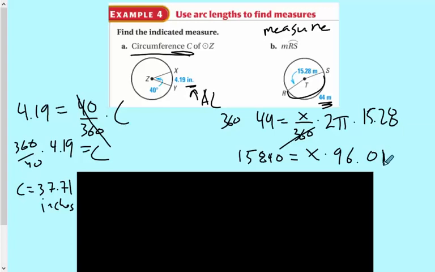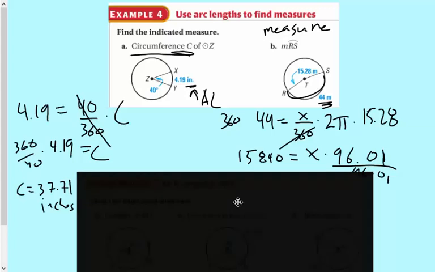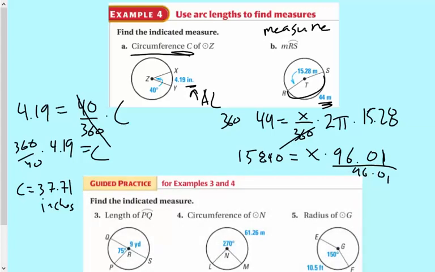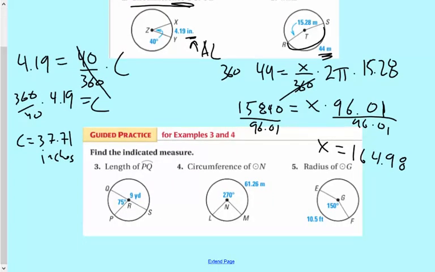Okay, and then I'm just going to divide that on both sides. 15,840 divided by 96.01, and x equals 164.98. I think that they wanted that to be 96.00, and then it would have been 165 exactly, but I'm going to be precise and do what the book said, and the book said round to the nearest hundredths.